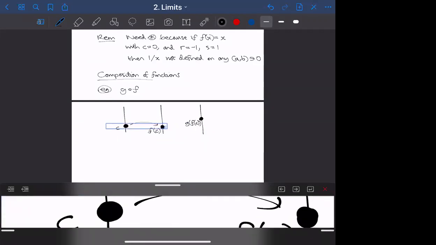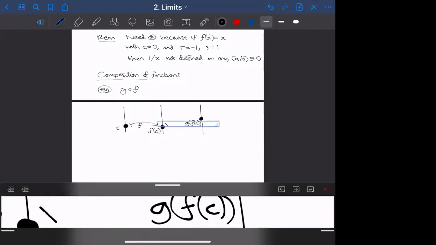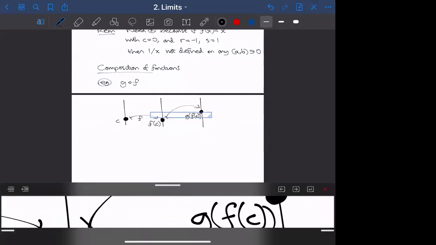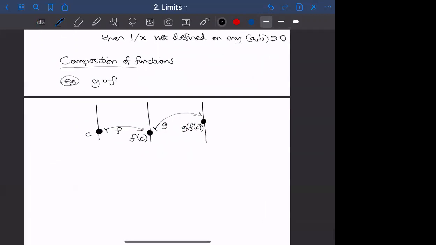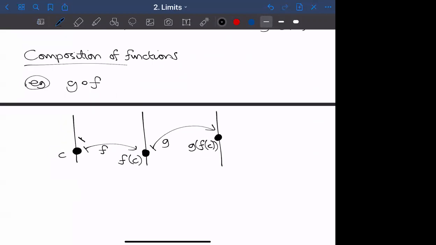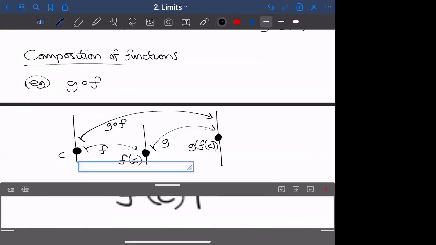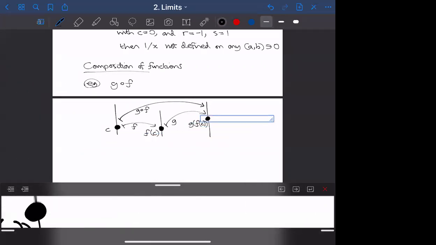So f does this, and g does this. And the composition f then g does this. Okay, I haven't drawn that very well, but you get the idea. It's going to this dot.